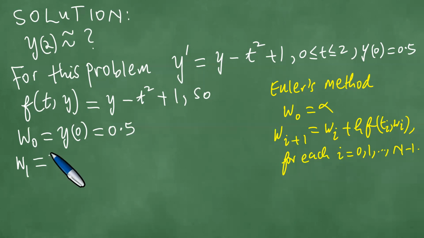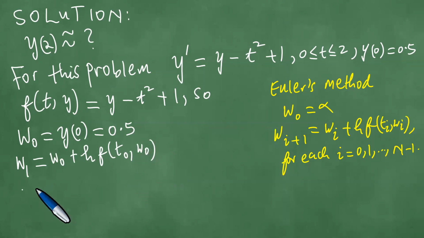And if i is 0, then we shall have W0 plus h, and then we have f of t sub 0, W0, because i is 0.